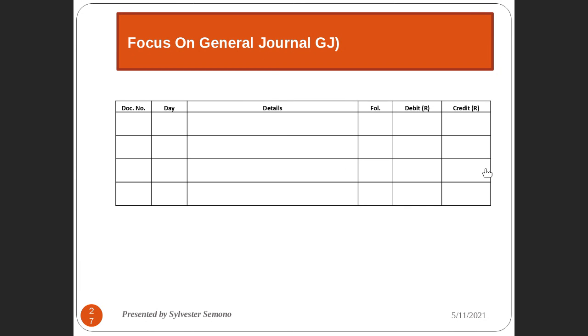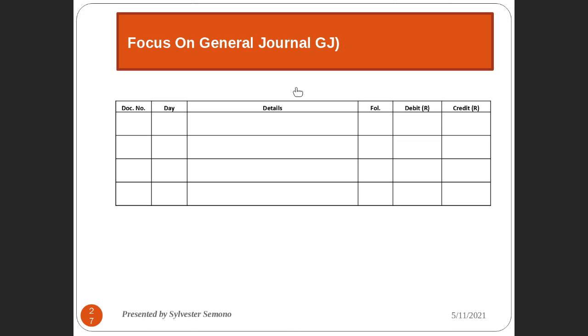Okay. So this is how the GJ looks. Remember, we record in the GJ all the transactions which cannot be recorded in the other journals. There are about 8 of them: CBR, CBP, DJ, DAJ, CJ, CAJ, PCJ, and GJ.